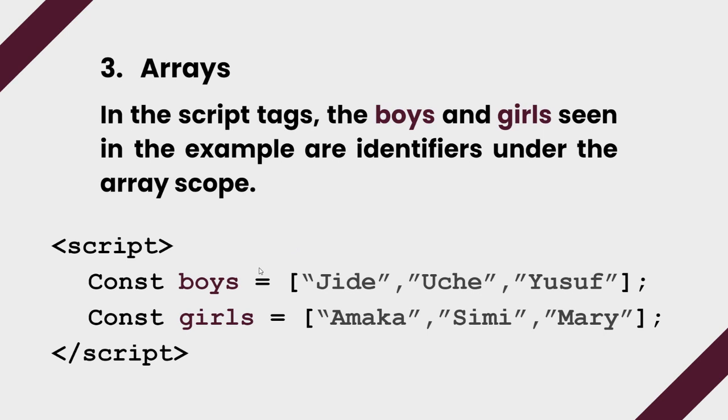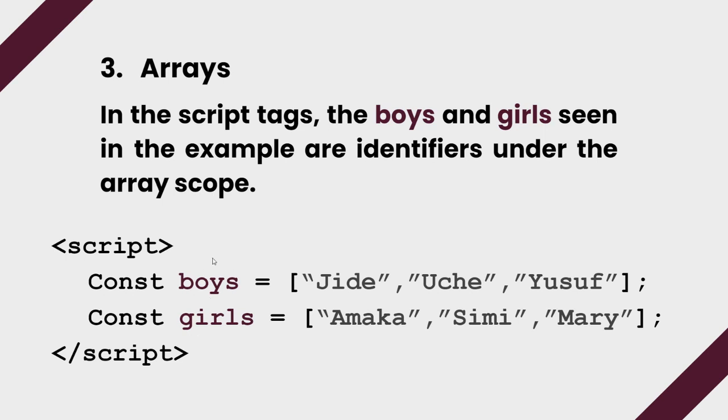Here is the array part of this section. And you can see that within the script tags, the boys and the girls seen in the example are identifiers. So here we have an array name of boys, on this line, and on the next line we have an array name of girls. Now you shouldn't worry too much about what an array is. We'll talk about that in future classes. But one thing to know here is that the name given to an array is also an identifier.